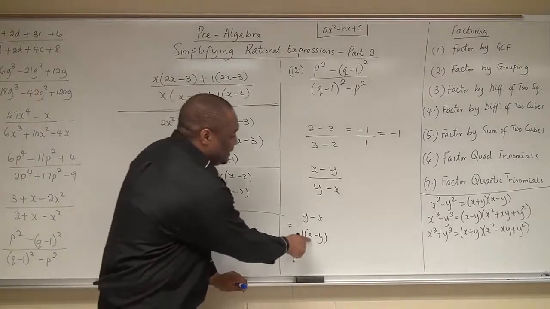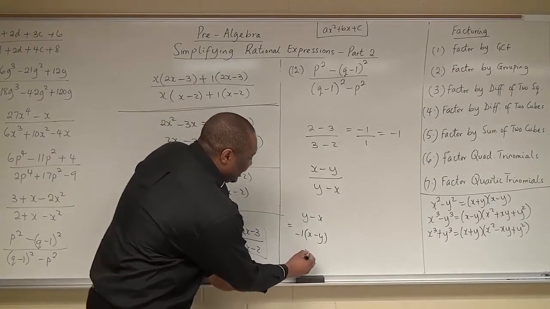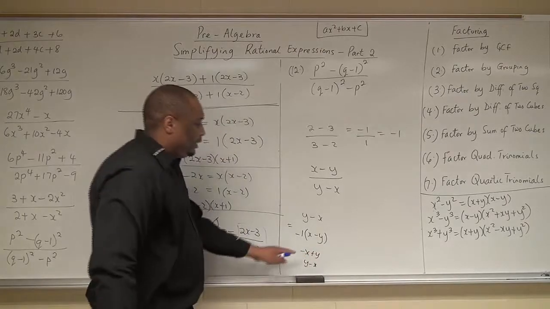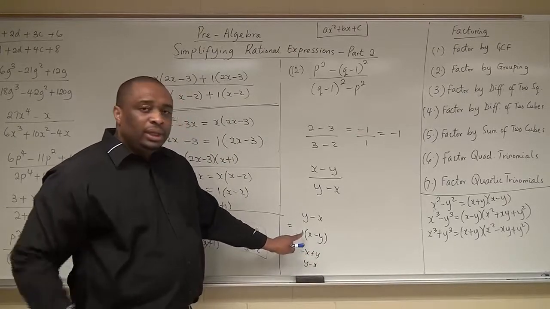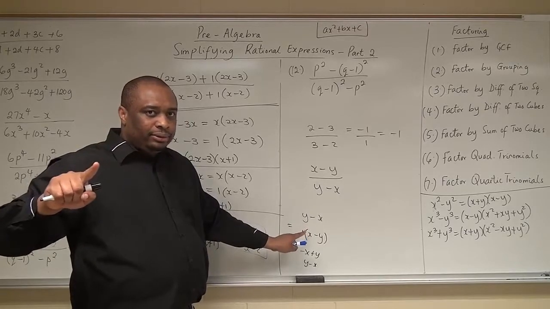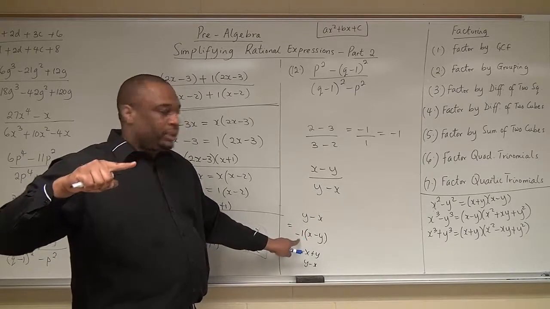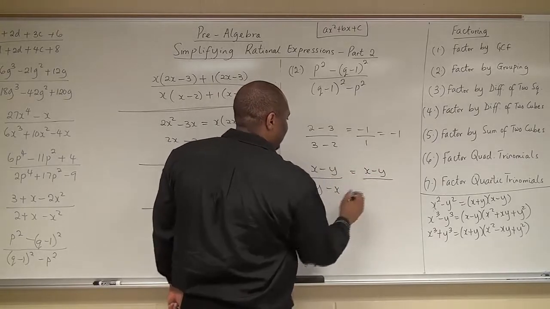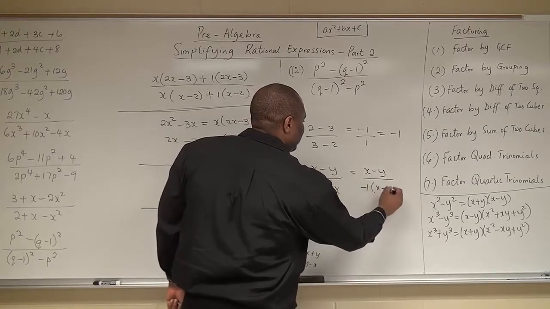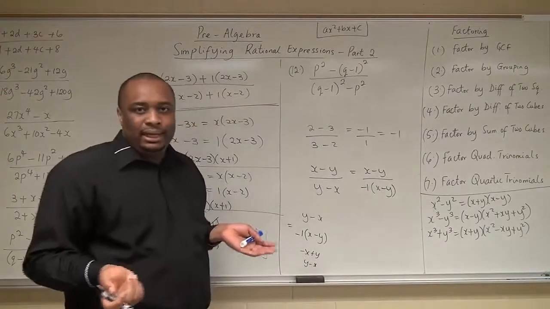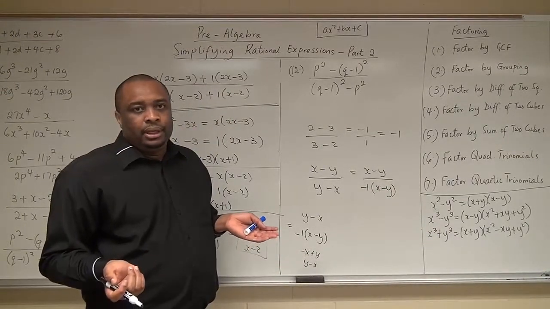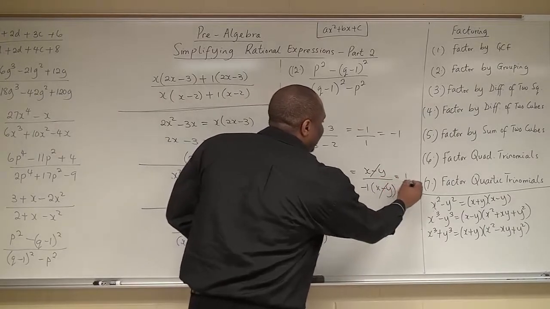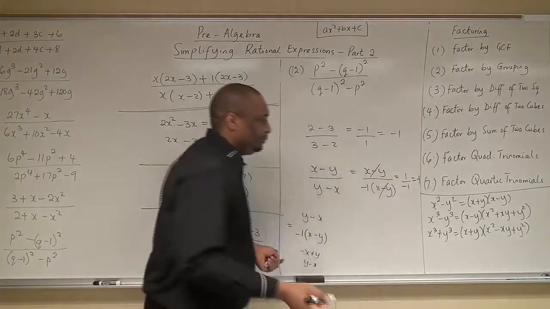Because negative 1 times x minus y gives you negative x plus y, which is y minus x. So it's like the other way around, but you just have to put negative 1. So this is like saying x minus y over negative 1 times x minus y. Then x minus y will cross out, and you have 1 over negative 1, which is negative 1.